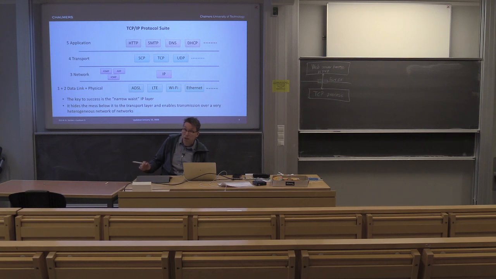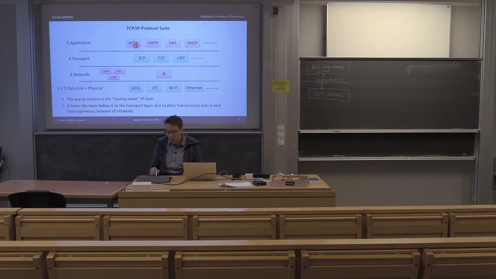Actually, before we do that, let's talk a little bit about the TCP/IP protocols. We already gave a few examples about this. So we have on the top the application layer, transport layer, network layer, and then at the bottom the data link and physical layers. On the top we have HTTP, SMTP, DNS, DHCP, and so forth. Many protocols.